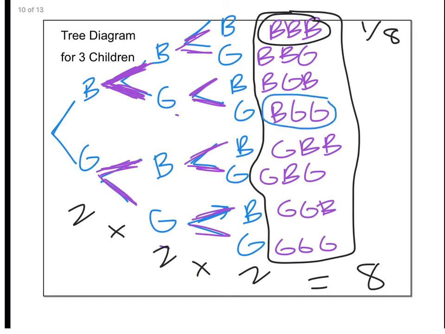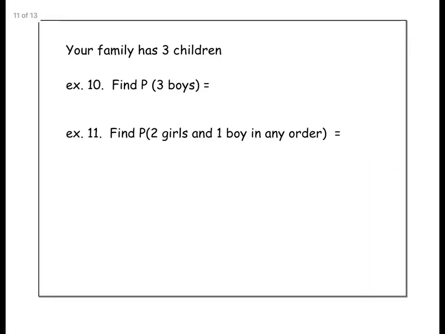So here's 2 girls and 1 boy, 2 girls and 1 boy, and 2 girls and 1 boy. So in blue, there's 3 options out of 8 total. So let's fill that in here. The probability of having 3 boys was 1 out of 8. And the probability of there being 2 girls and 1 boy in any order was 3 out of 8.